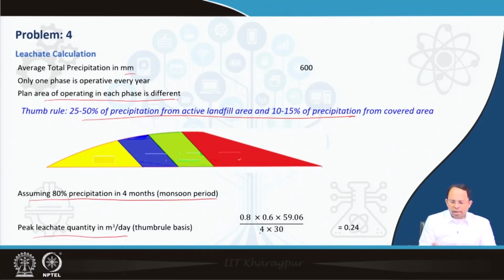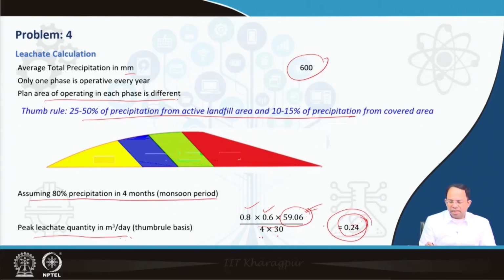We can estimate that by multiplying the total precipitation, which is 0.600 mm, by 80% of that, and the area required for each phase, and we divide it by 30 days into 4 months, and we get the total cubic meters of leachate that needs to be stored per day.